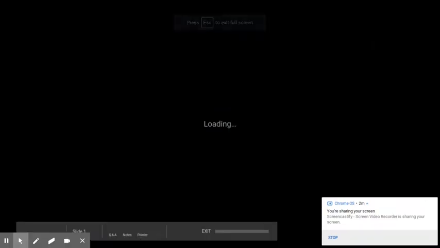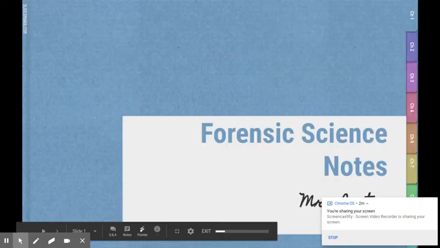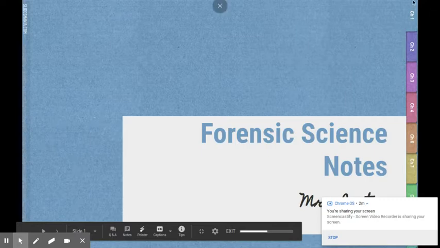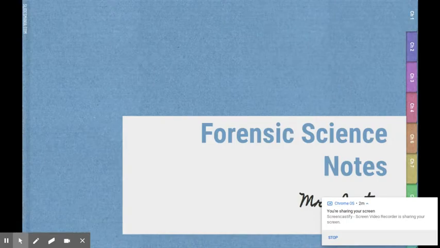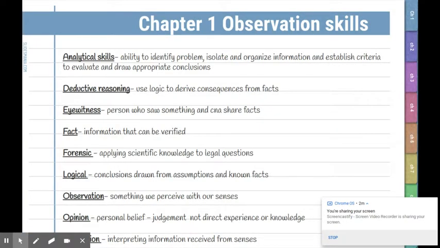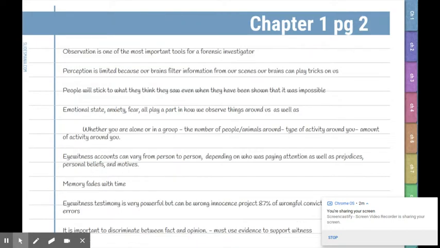Here is my copy. I went ahead and did the first section just to show you. You can see here on the side, you could click and go to any chapter. You can add more slides into each chapter as you need them. So there we go. Let's go to chapter 1. I got all my vocabulary in there. And then for each of those sections, I tried to write down at least a sentence about it.